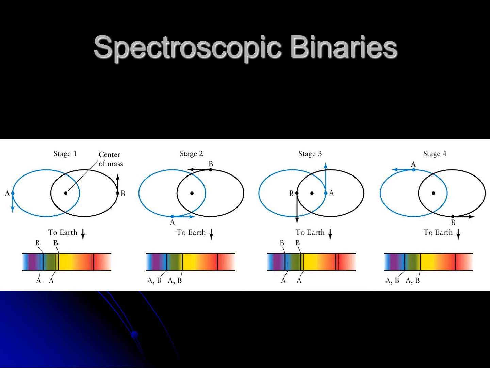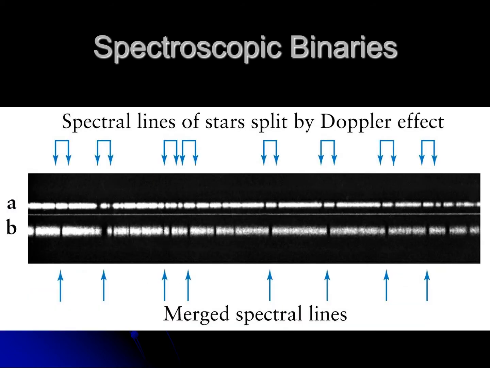What happens is that the spectrum shifts back and forth. When the star is going away from you, it's redshifted. When the star is coming towards you, it's blueshifted. These lines go shifting back and forth. When they're going side to side, they're not shifted at all. But you'll see these spectral lines gradually separating and merging again.